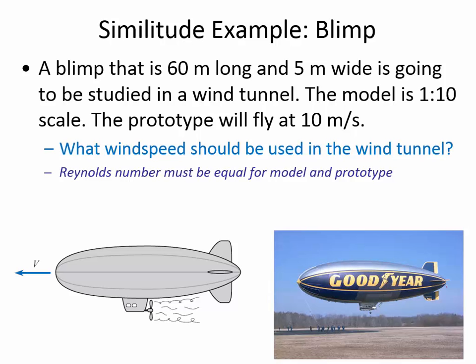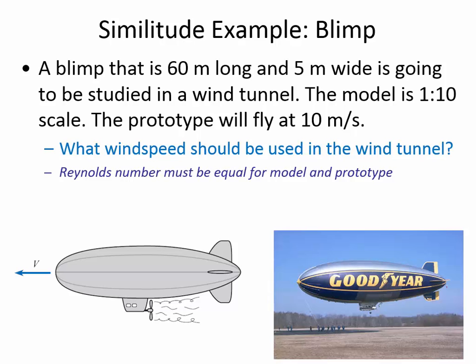Here's another formulation of the Reynolds number. The Reynolds number can be the velocity, some length parameter, the density of the fluid, and then the absolute viscosity instead of the kinematic viscosity. Remember, the difference between the two is that kinematic viscosity is absolute viscosity divided by density. Okay, so this is Reynolds number.